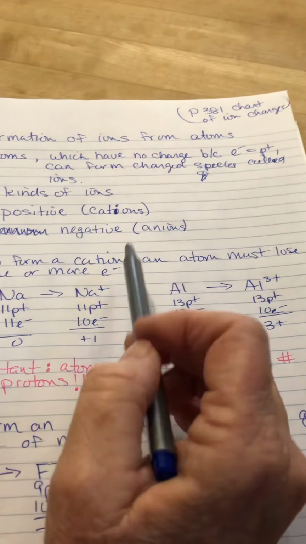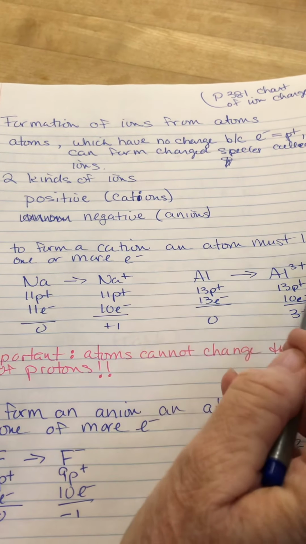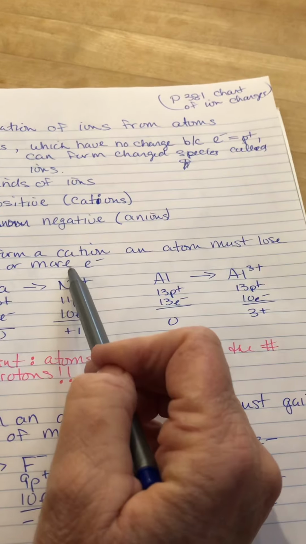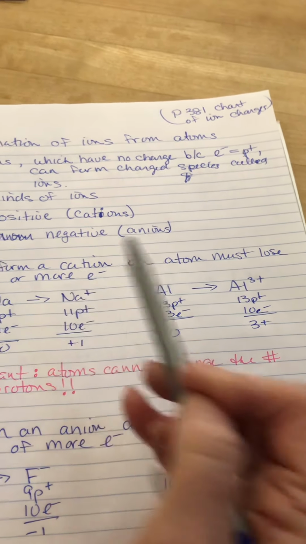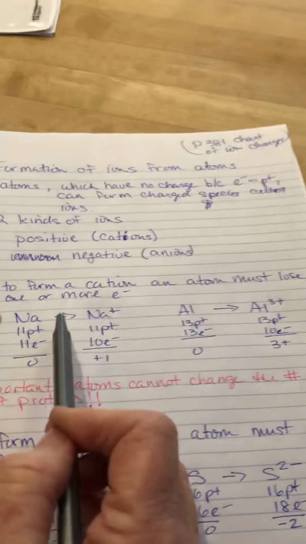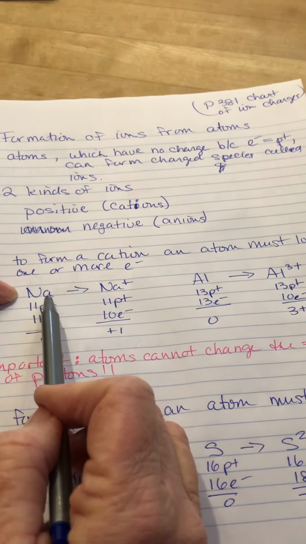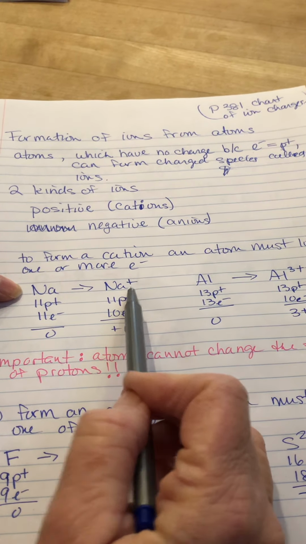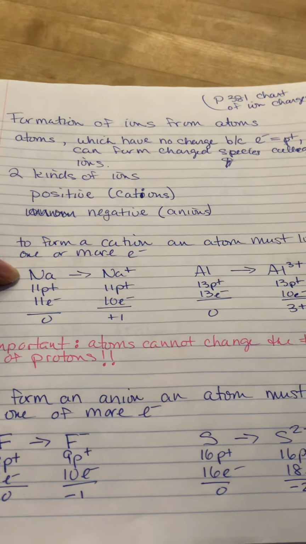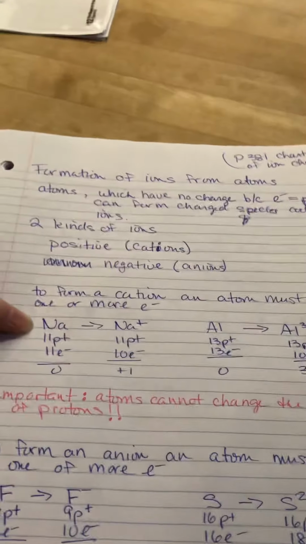To form a cation, an atom has to lose one or more electrons. It seems kind of funny that to get something positive, you've got to get rid of something, but you do. Let's take a look at sodium. Sodium, whose symbol is Na, likes to form a +1 cation. When we only have a single charge, we just put a plus or a minus, we don't put a number by it.